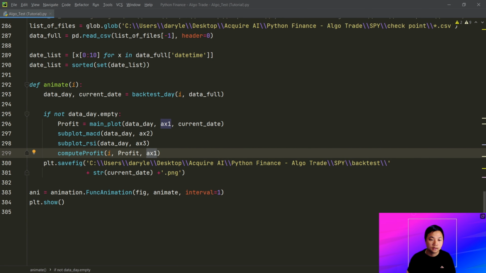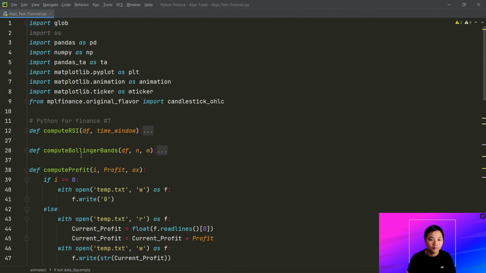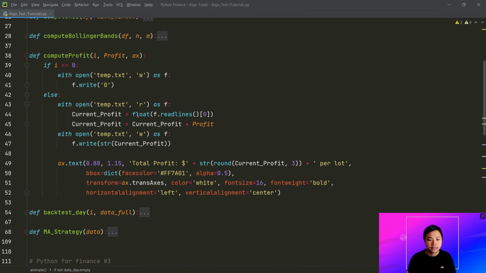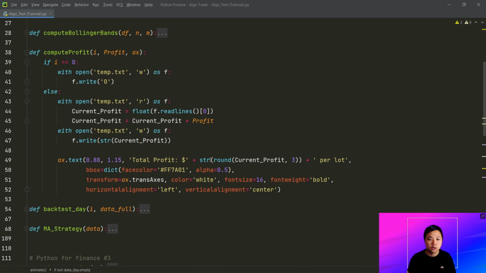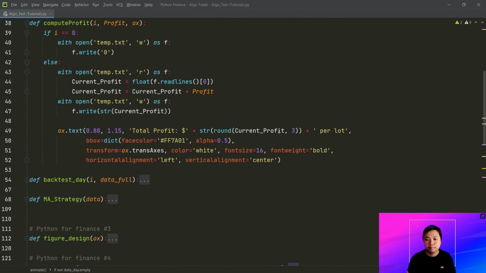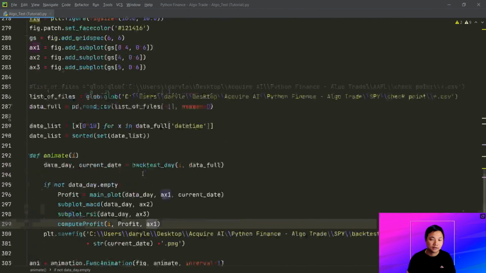So that is ax1, and we just call these compute profit functions and pass in these three arguments, and then it will, of course, return the total profit. That is the current profit for the backtesting so far.